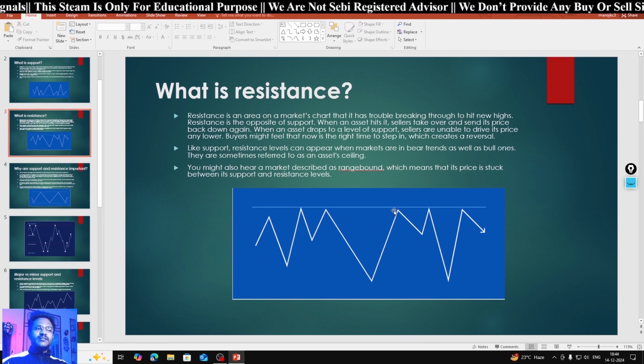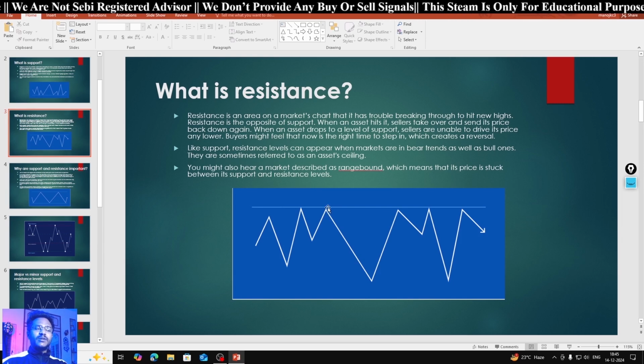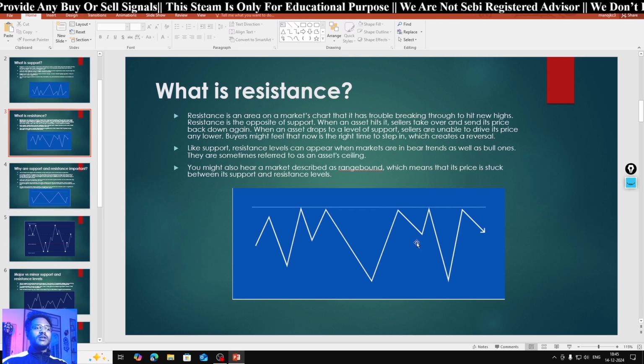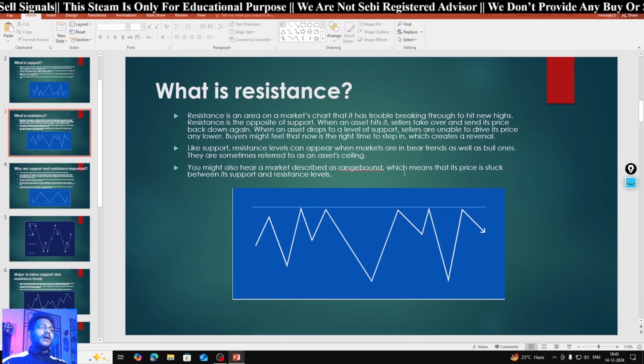But once it reaches this particular level, it shows that there are multiple sellers already sitting at this location, and sellers push back with great force. So no matter how much the buyers push, the sellers are trying to get the market backward. That is the reason the market is unable to break this level and go top.